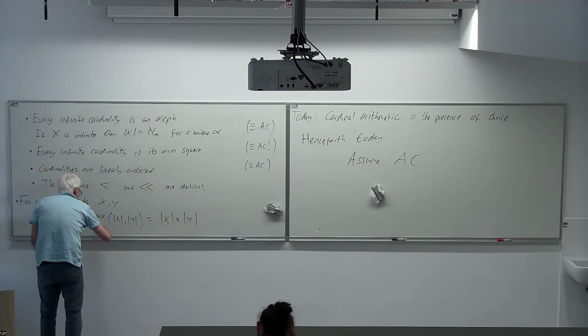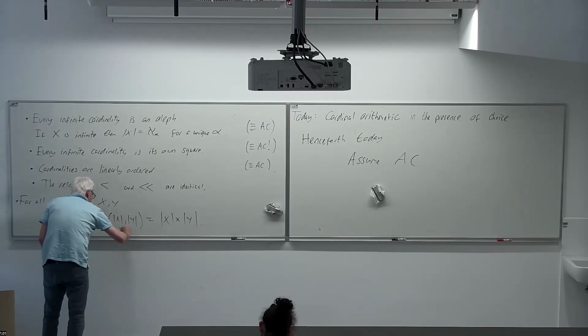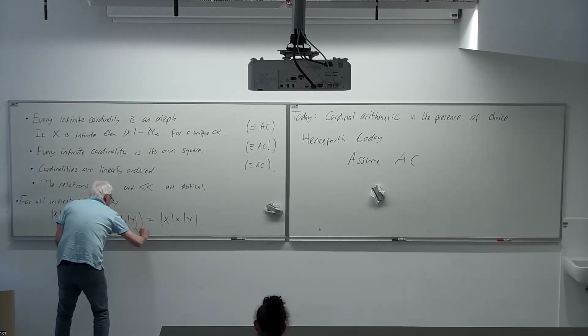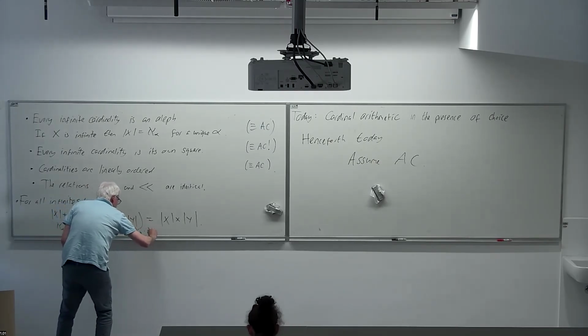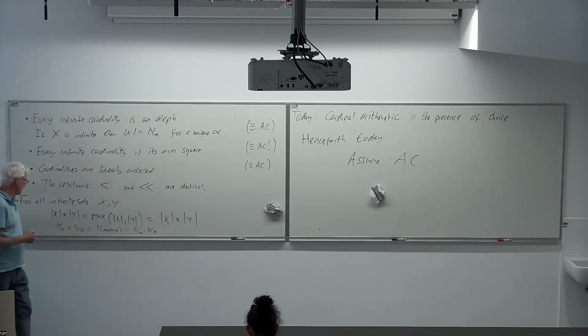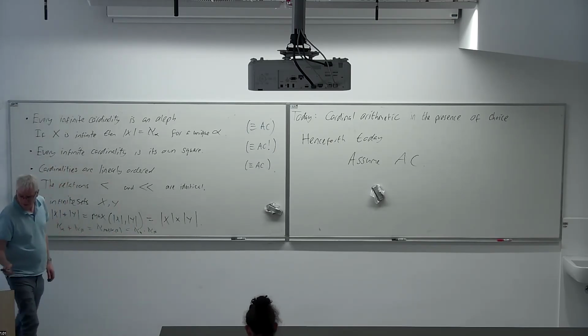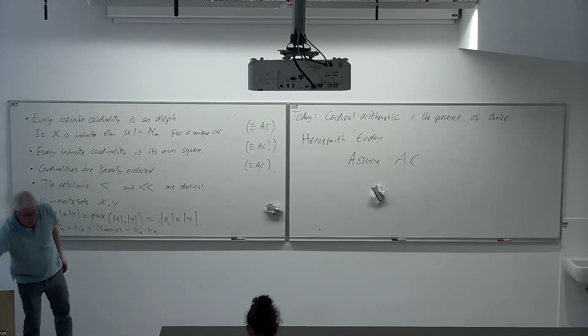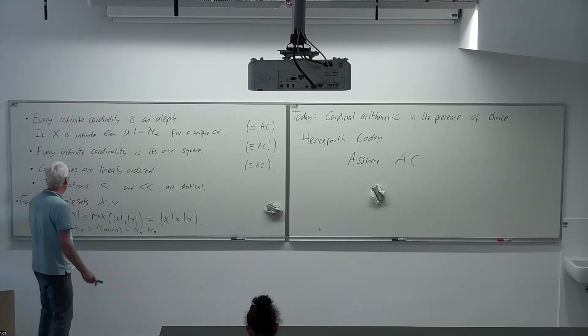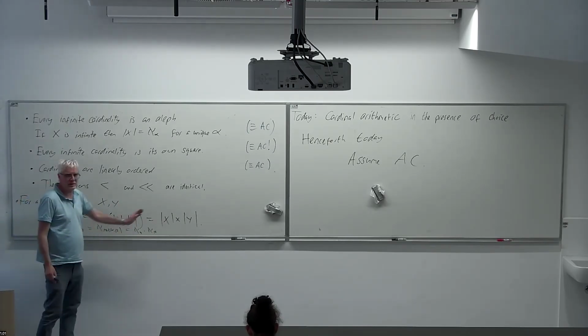Then that's the same as aleph max of alpha beta. And that's the same as aleph alpha times aleph beta. So we have an extremely simple arithmetic of sums and products.